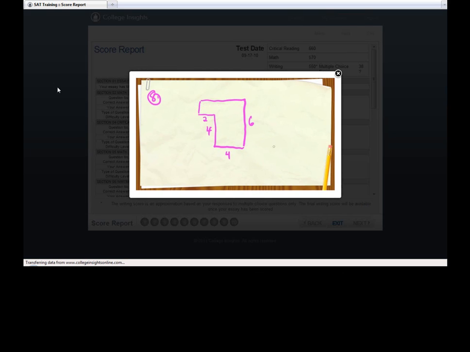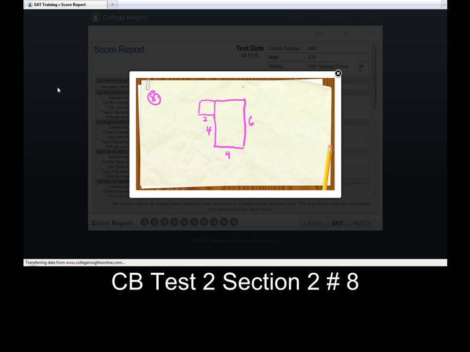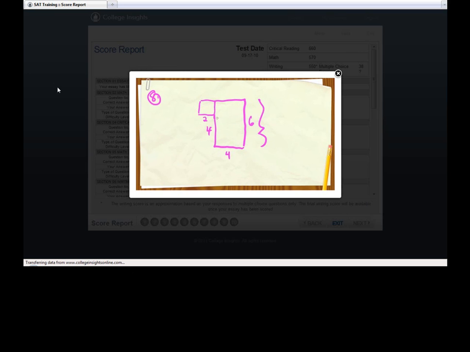To figure out the area of this figure, what we've got to do is divide it into a couple of smaller shapes. So if this whole side here is 6 and this side here is 4, that tells us that this little part here is 2, and down here if this one is 4 and right here we have 2, this up here is also going to be 6.